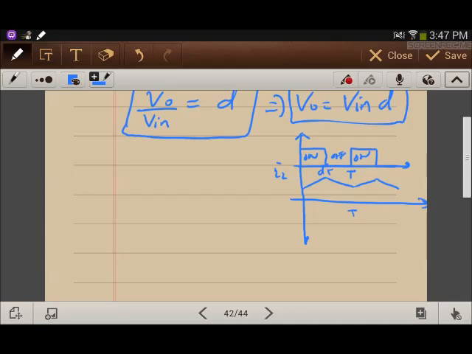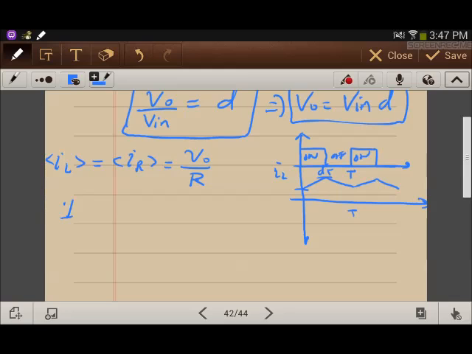Here it's dt, so it has a minimum value and a maximum value. And if we want to find the average value of the current that's flowing through the inductor, it's actually equal to the current that is flowing through the resistor, which is equal to V output over R.